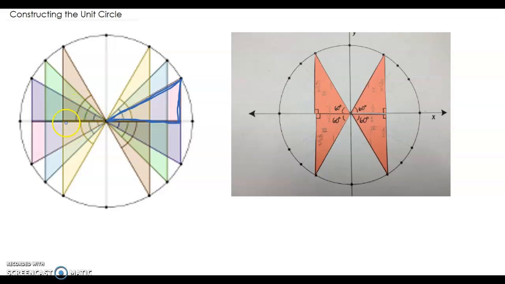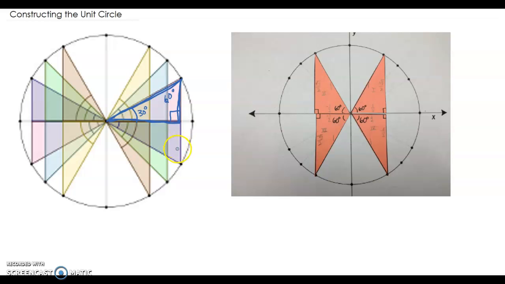And you'll see that there are a bunch of triangles here that have been drawn continuously. The reason these triangles are drawn as they are is because these triangles represent each of our special angles. And so when we're looking at this triangle, we see that we actually have a 30, 60, 90 triangle.